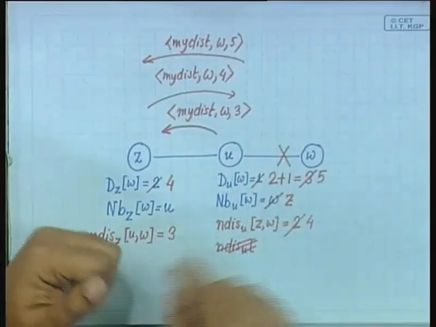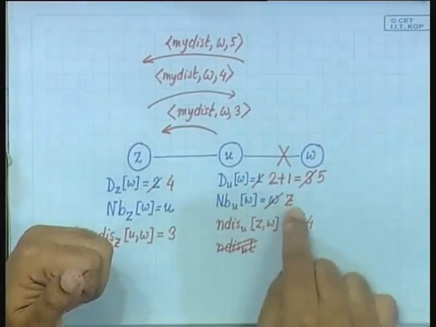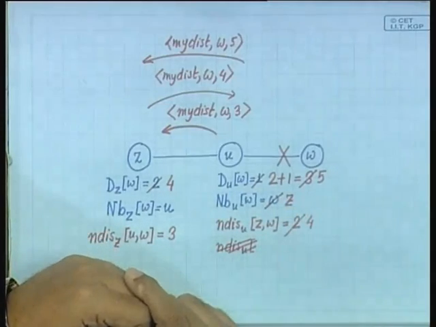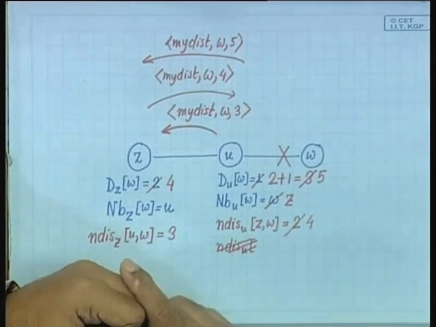So then you will say that V has become unreachable. So in our case W has become unreachable. Then you will set NB_U(W) to be equal to undefined. Is it clear?